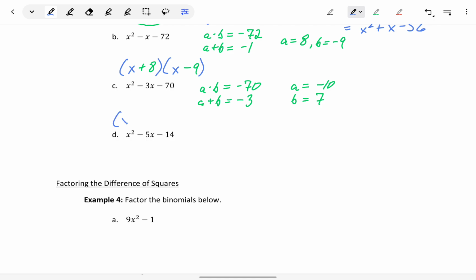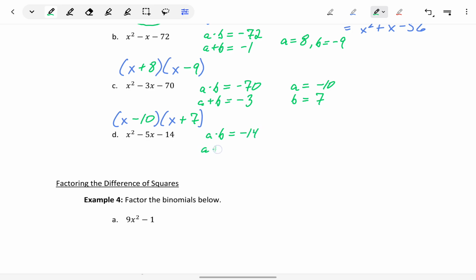But once we do find those values, we know that we can rewrite this as x minus 10 times x plus 7. For part D, we need our values a and b to multiply together to be -14.